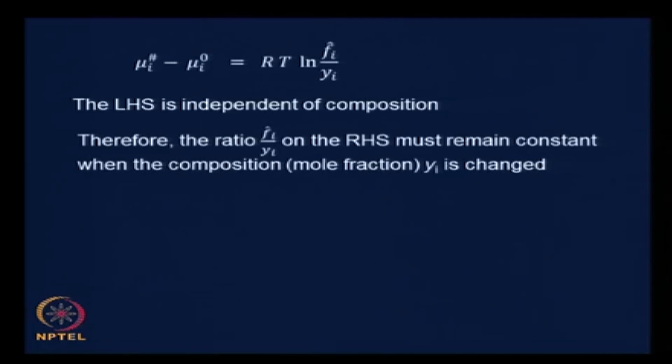Let's look at that point alone, it has to be independent of composition. Therefore see, what is on the right hand side, R and T here, there is no problem here. If at all we need to worry about composition, it has to be in this term. This ratio Fi hat by yi on the right hand side must remain constant when the composition is changed, because you have a left hand side which is independent of composition, therefore when you change yi here, the only way that this remains independent of composition is that this ratio becomes independent of composition.